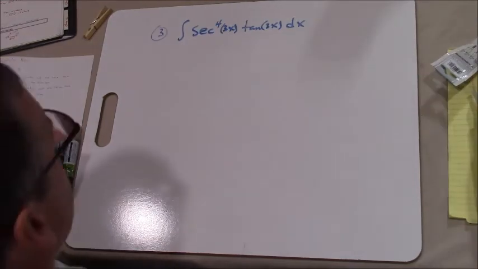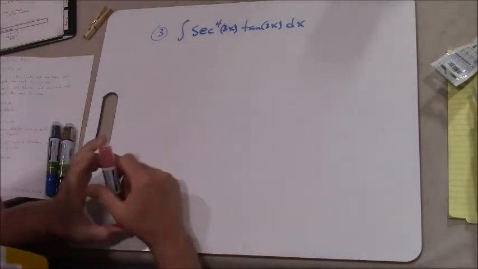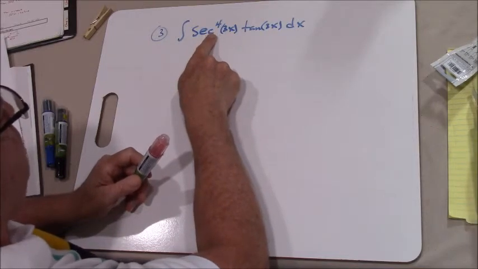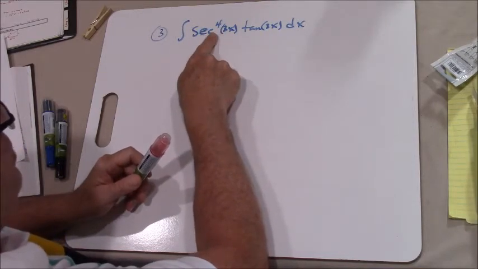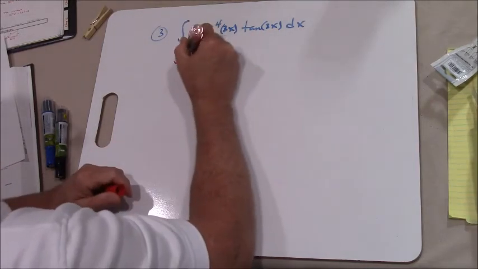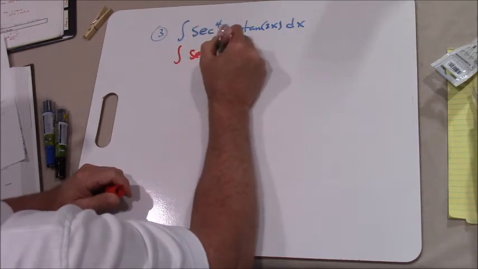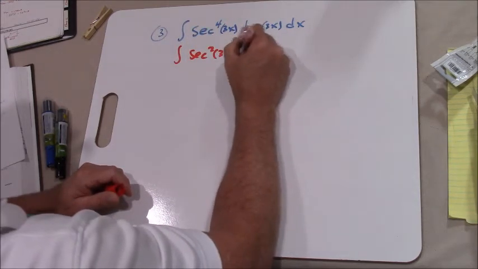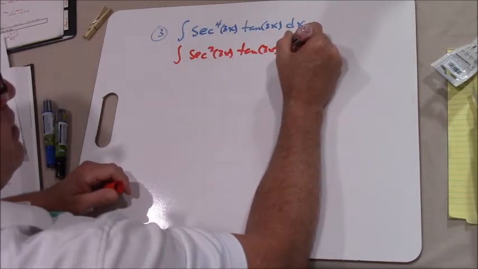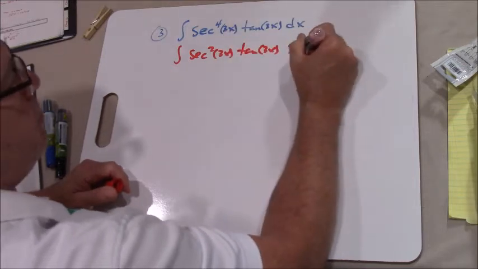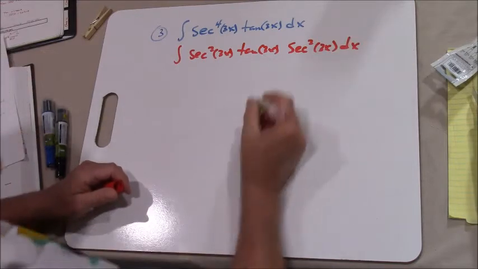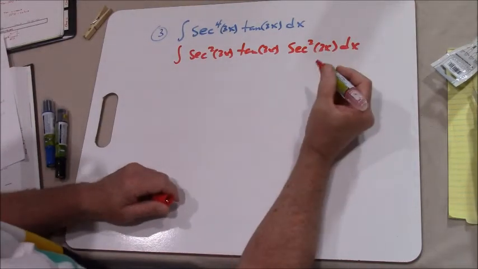All right, go ahead and take a second to write these two rules down. All right, so let's go ahead and try this one. So this one's an even exponent, so that means I can factor a secant squared out because that's the derivative of a tangent. So let me rewrite it this way. I've got secant squared of 3x times a tangent of 3x, and the secant squared that I factor out, I'm going to write over here, because that's going to be my du.